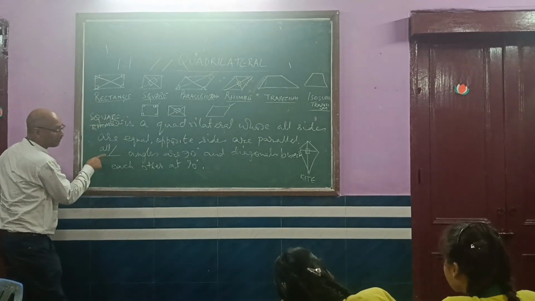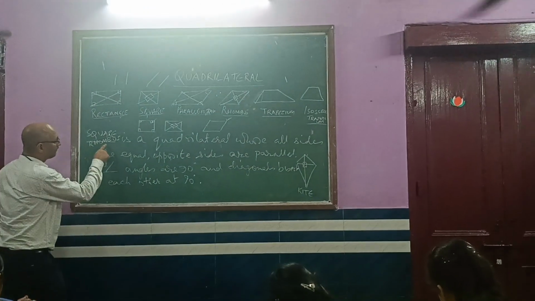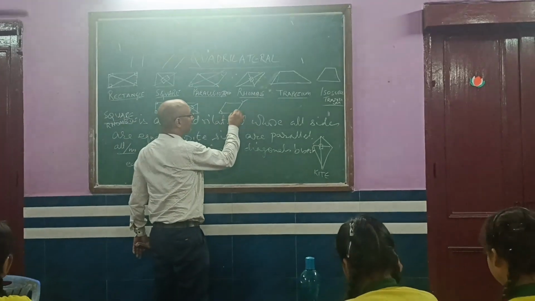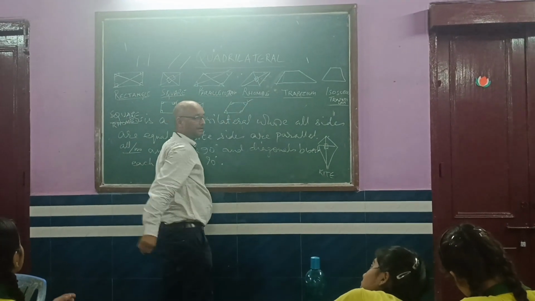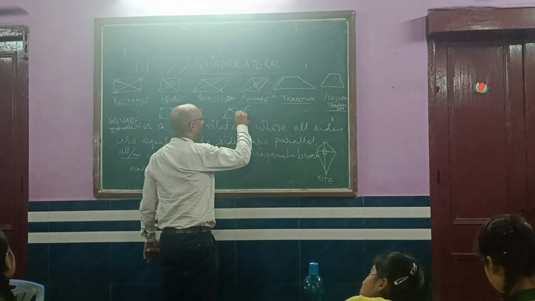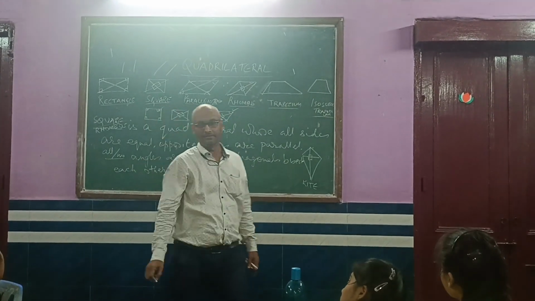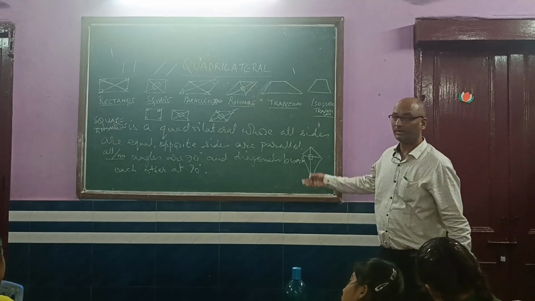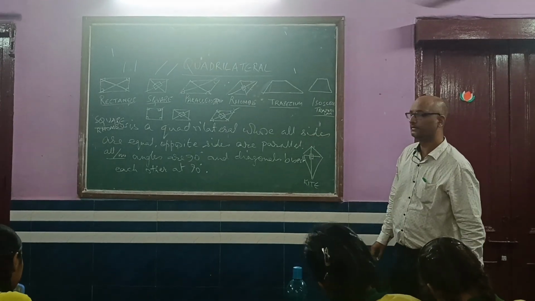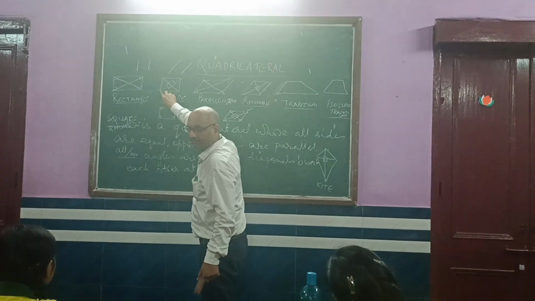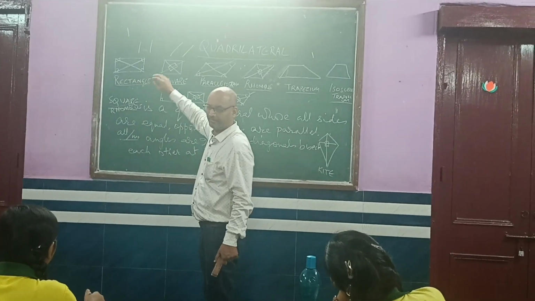In case of square, we will be writing all, and in case of rhombus, we will be writing no. No angles are 90 degree. In this case, no angles are 90 degree, and diagonals bisect each other at 90 degree. Write it down. Square and rhombus, these angles are being bisected.